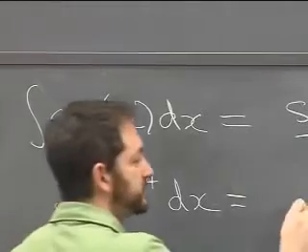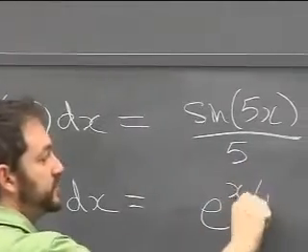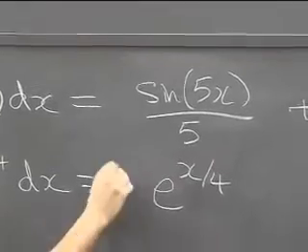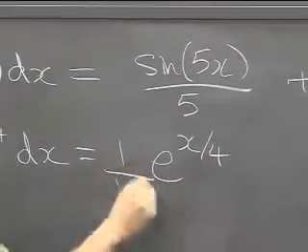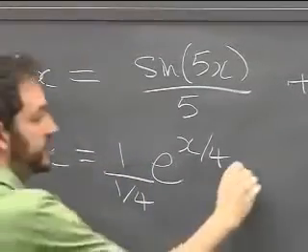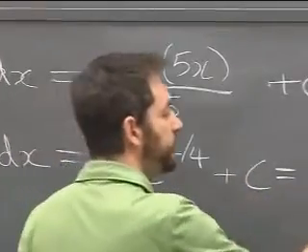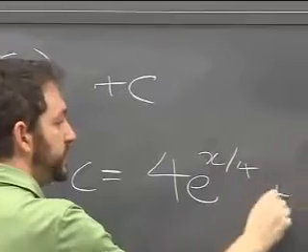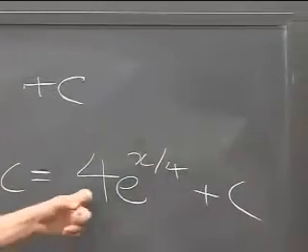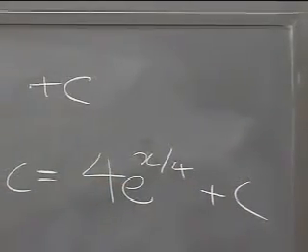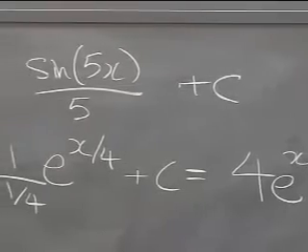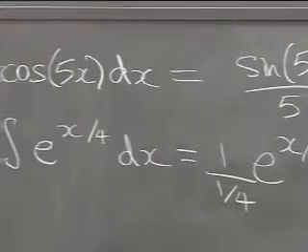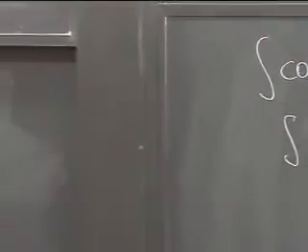I mean, you'd like the integral to be just e to the x, but of course it's x over 4. You have to divide by a quarter, otherwise known as multiplying by 4. And again, reality check. Differentiate this, so you'll get a quarter that kills the 4. You just get what you want. You can always do a reality check by differentiating.